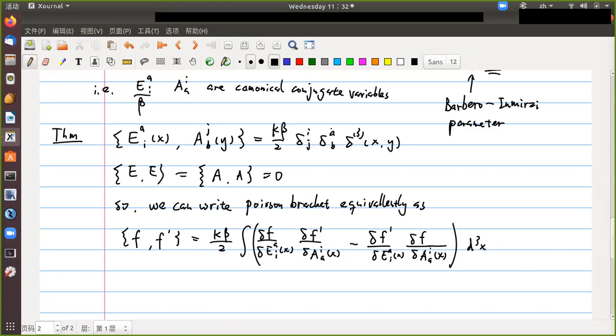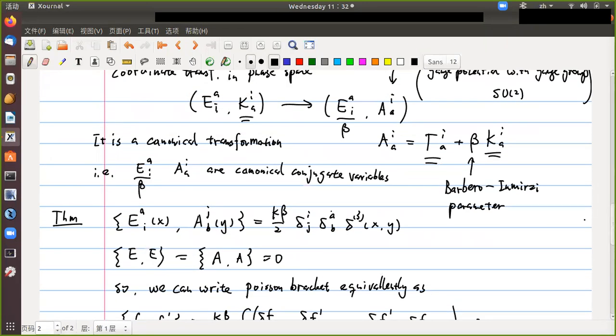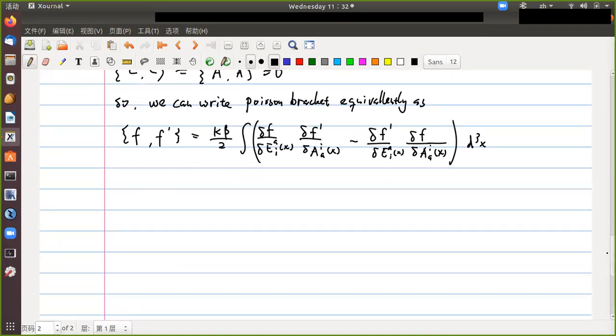In order to prove this theorem, you have to know what this gamma is, which I'm going to introduce right now. This is gamma^i_a, called the spin connection one form. It is clearly a one form because you have an abstract index a downstairs.